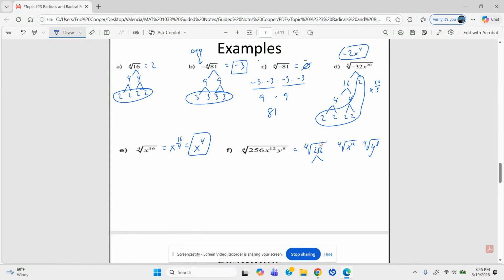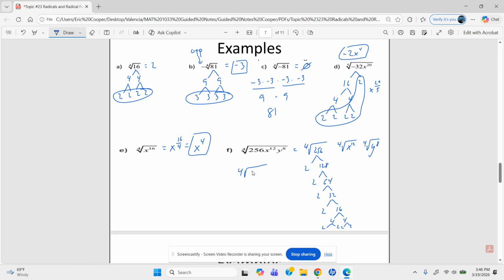Well, 256, we can go through, and we can see that's 2 and 128, which is 2 and 64, and this is 2 and 32, and this is 2 and 16, and this would be 4 times 4, and this would be 2 times 2, and this would be 2 times 2. So if you look here, we actually have 8 2's, which really means that this could have ended up being a little bit easier, right?